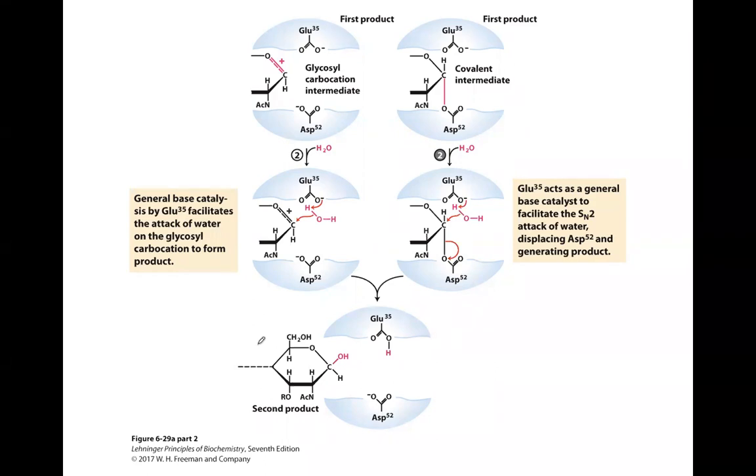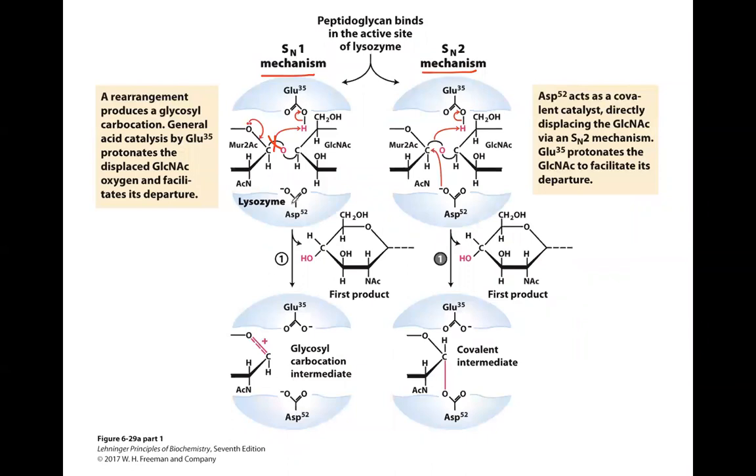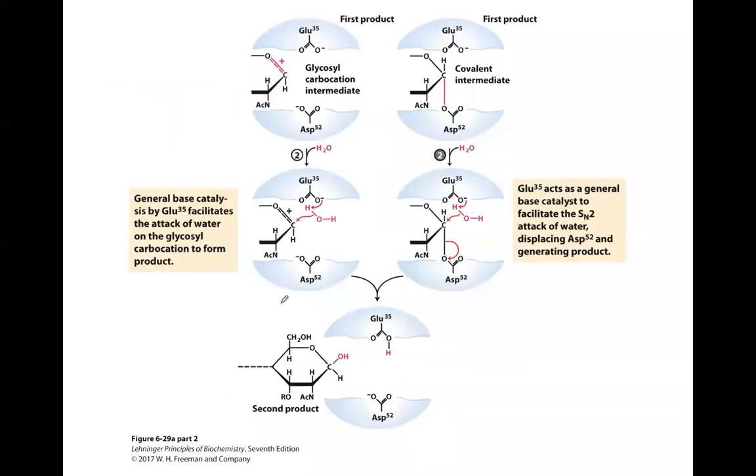So in the SN1 mechanism, what one may expect is that when water is delivered to this carbocation, there might be some scrambling of stereochemistry, right? So the water can come in from the top, can come in from the bottom, and it's not entirely clear because the glutamate is kind of on top, so it may actually deliver water from the top, but it's not as stereospecific as an SN2 reaction.